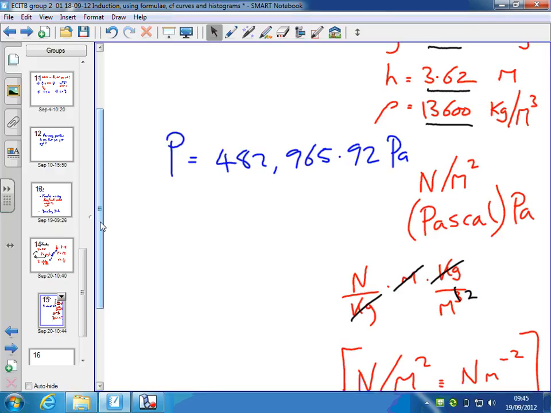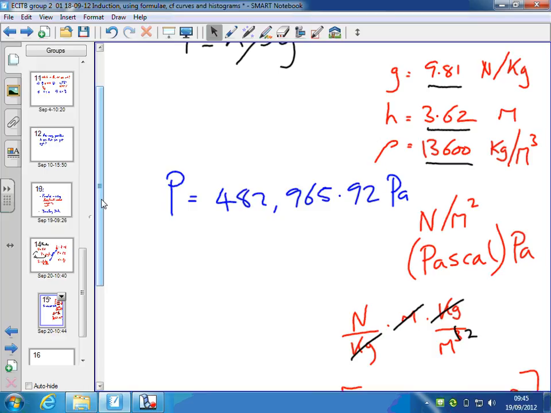Yes. Good point. I'll repeat that because for this and also for everyone else, it's only accurate to 3 significant figures. What do you mean by 3 significant figures and why 3? Well, each of the numbers, G, H and density, are accurate to 3 significant figures.